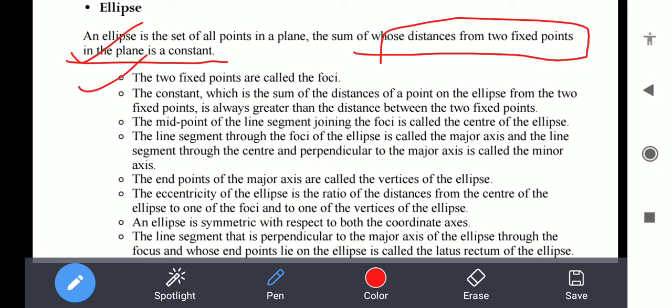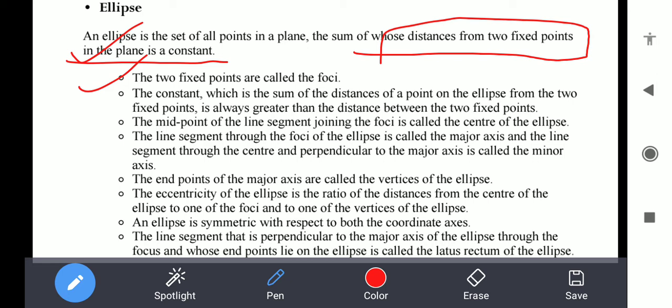The constant, which is the sum of the distances of a point on the ellipse from the two fixed points, is always greater than the distance between the two fixed points.